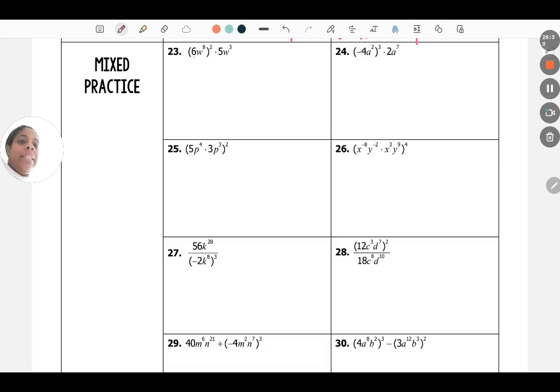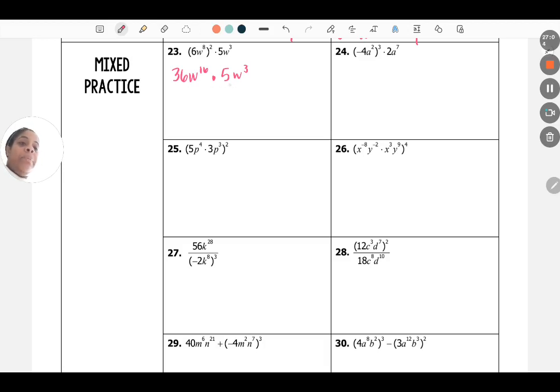So we have 6 to the second power, which is 6 times 6 is 36. And we have w, and w, 8 times 2 is 16. So we have 36w to the 16th power times 5w to the 3rd power.